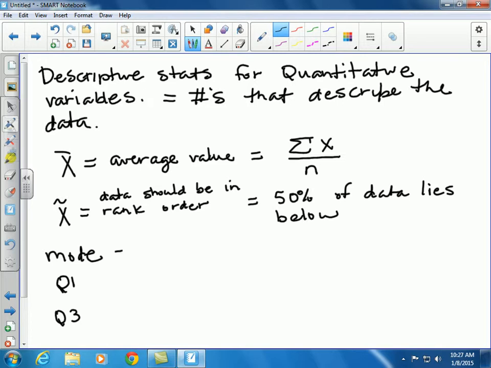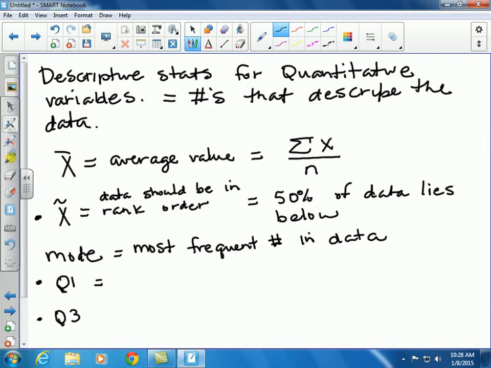The mode is, of course, what we call the most frequent number in the data. Sometimes data has no mode because every data point is unique. Some have modes, some don't. Quartile 1 is very much related to the median.